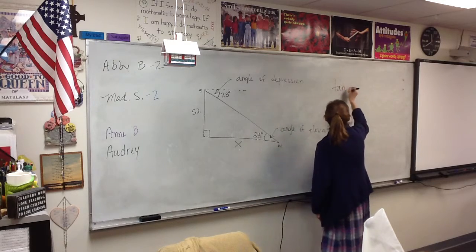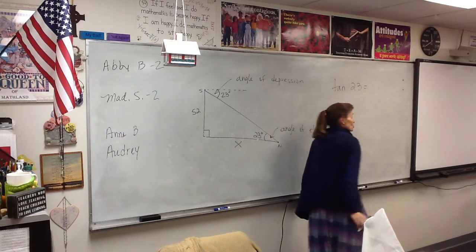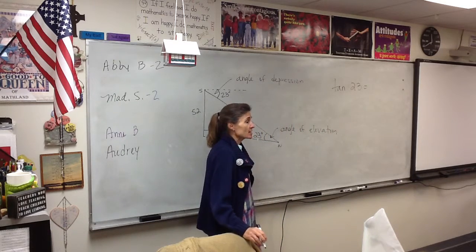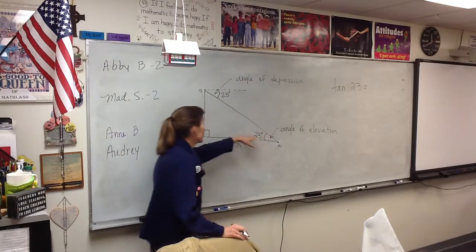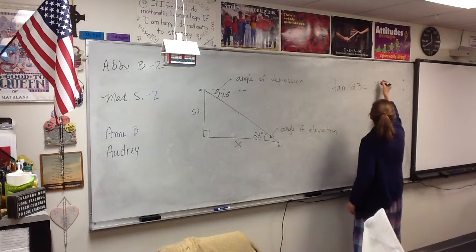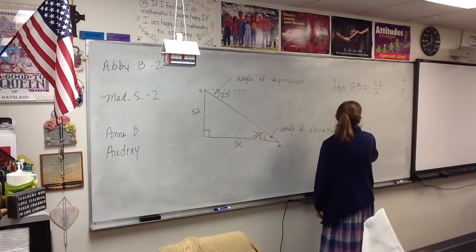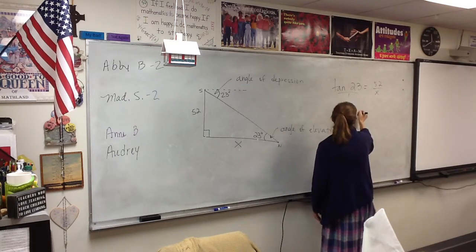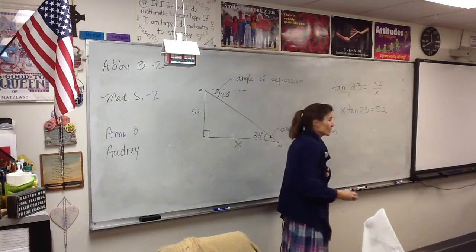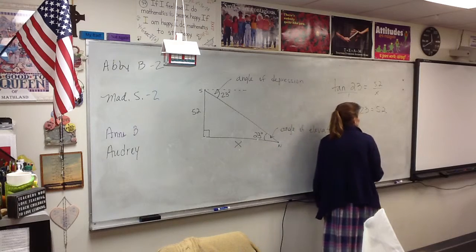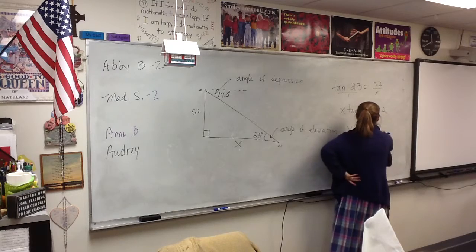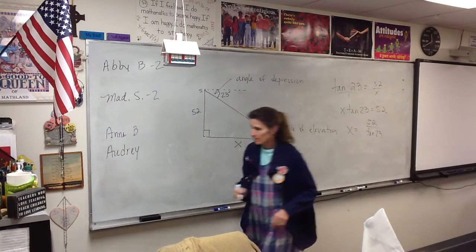So I'm going to say the tangent of 23. Kids, we got half hour. Gotta get moving. The tangent of 23 equals what? 52 over x. So x tangent 23 equals 52. So what does x equal? 52 over tan 23. So let's go to our calculator.